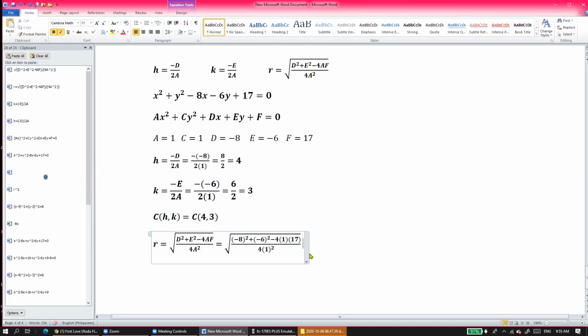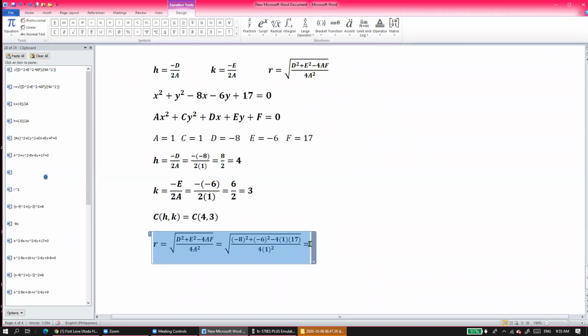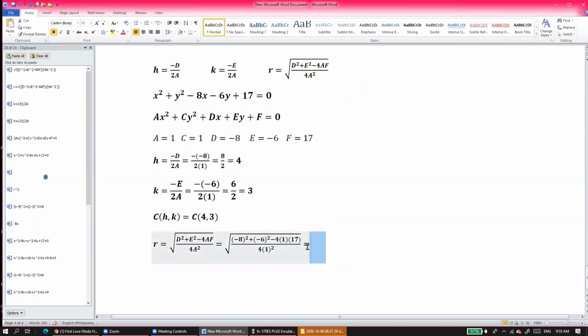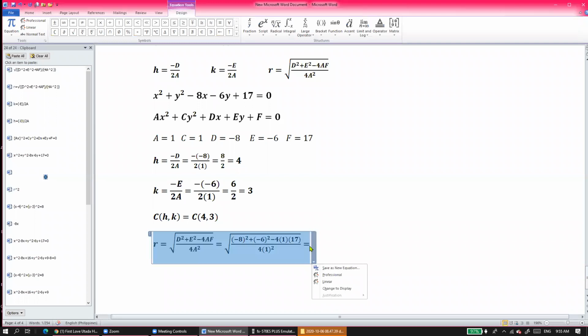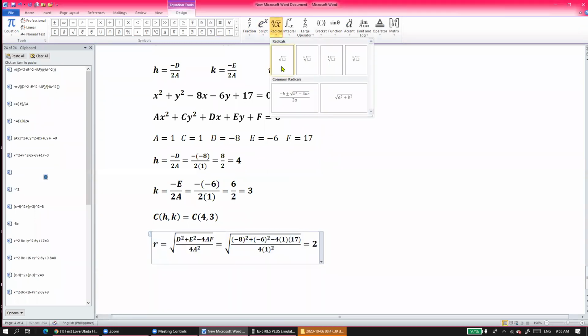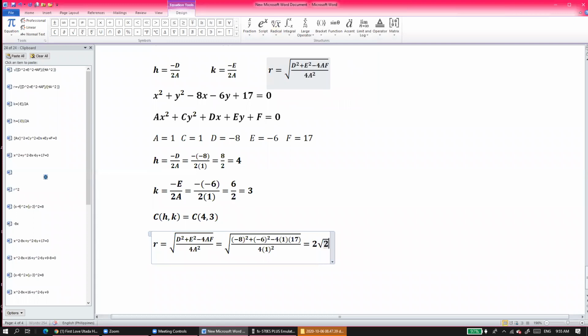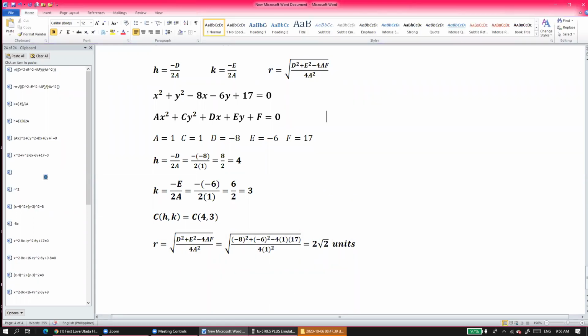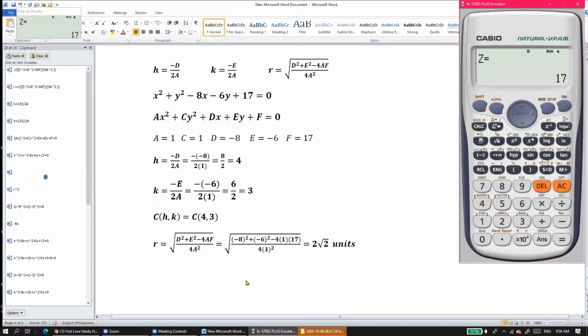Type ko na lang. Makikita naman sa calculator para medyo bumilis tayo. Kasi yung time natin is limitado na lang. 2 square root of 2 units. Okay. Using the calculator, let us type all what we see here. Square root. Mode 1 ko muna.